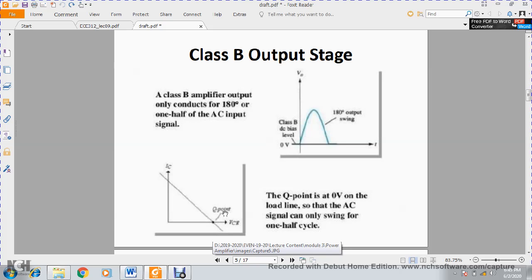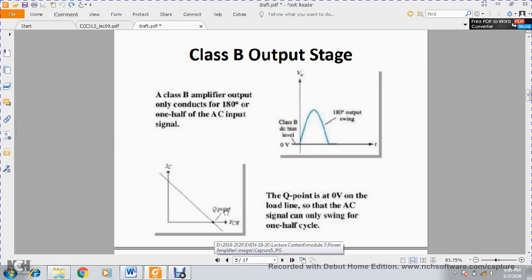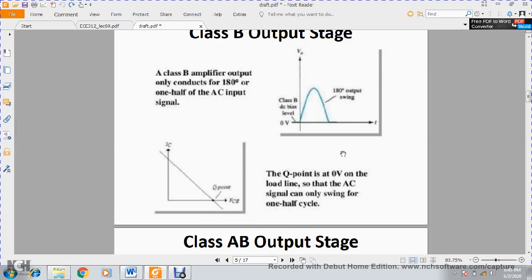If you get a negative cycle input, the output should be negative, or 180-degree phase. It depends upon the circuit you have, but ultimately for one cycle you get output, no problem. But for the other cycle of the input, the transistor will be in the off state because the Q point is at the cutoff. So you only get one half cycle of the input signal; the other half you won't get. This type of amplifier is a class B power amplifier.